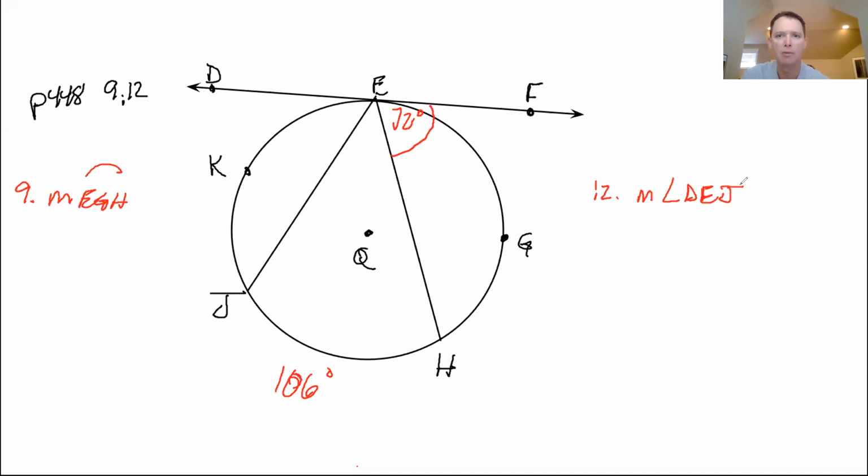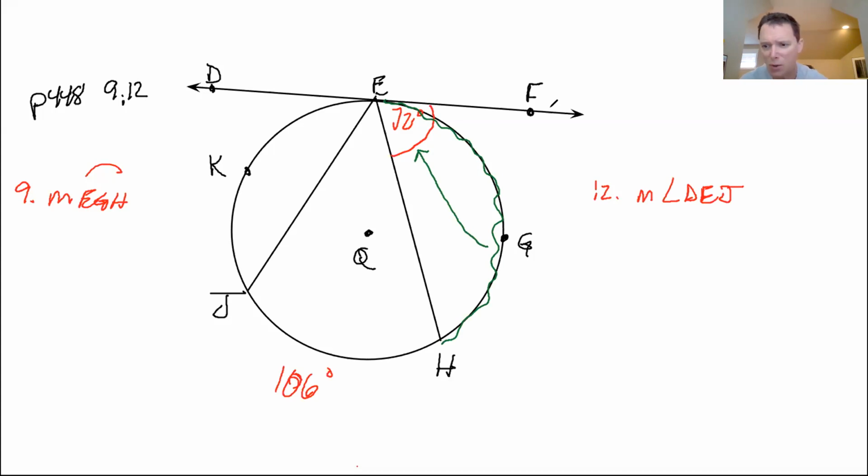So let me just lay this out here. I'm going to put it in green, what we're trying to find. EGH is this arc right here, and I would tell you that it is intercepted or formed by that inscribed angle. And yes, that's an inscribed angle, even though this line is tangent and goes outside.